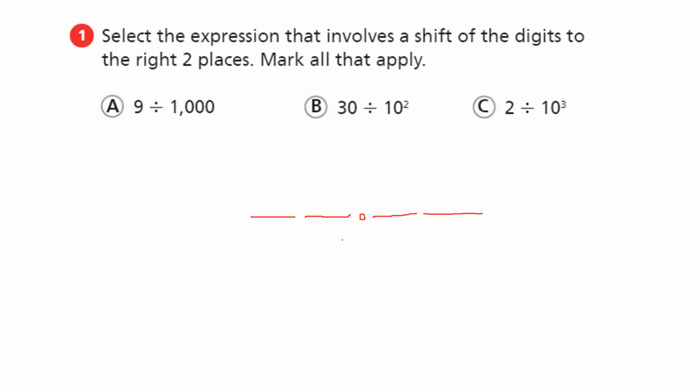It's saying that the digits, so let's just call them 1 and 2, they're going to go 2 places to the right. Now, it's saying the way that you and I have been talking about it, we've been talking about moving the decimal instead of the digits. So the decimal would move 2 spots to the left.